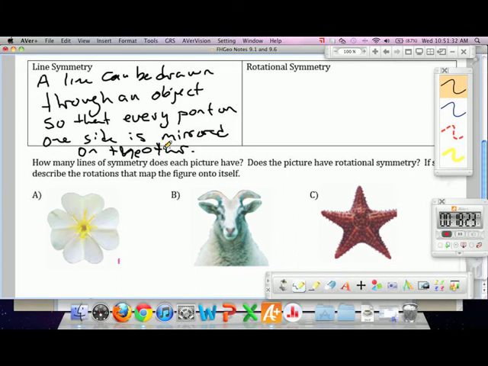If you can draw a line of symmetry, or basically a mirror, through it, then you have what's called line symmetry. And we can actually look at individual lines of symmetry and count how many there happen to be in various objects.